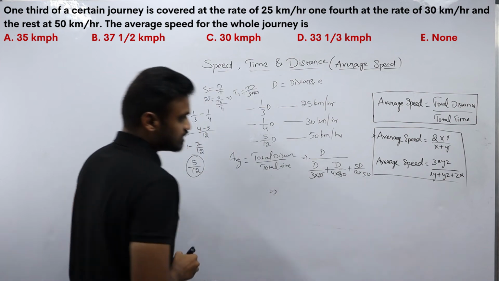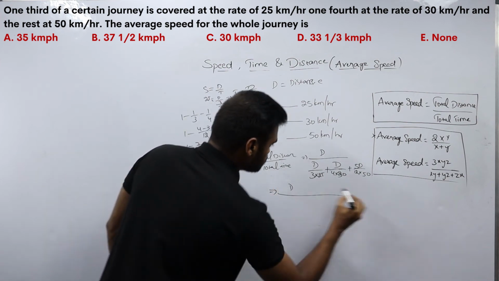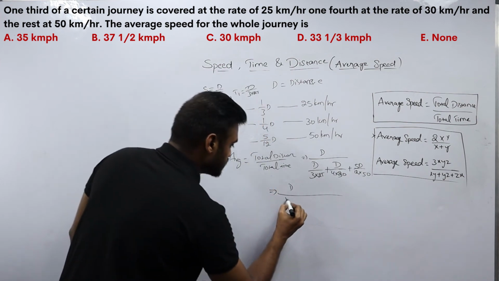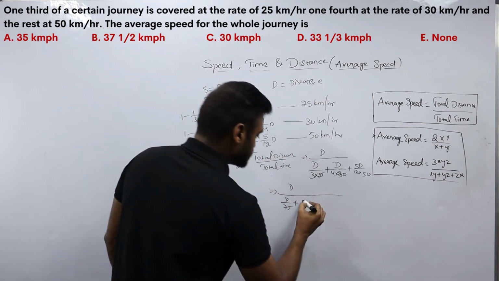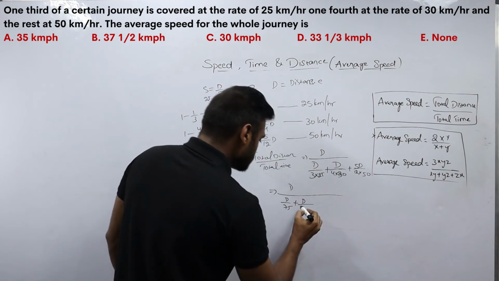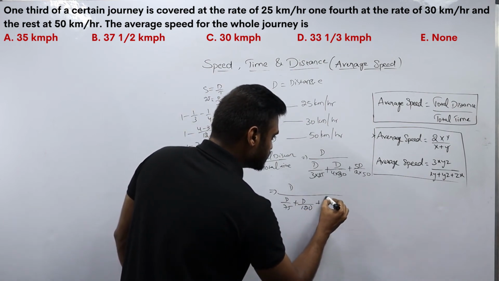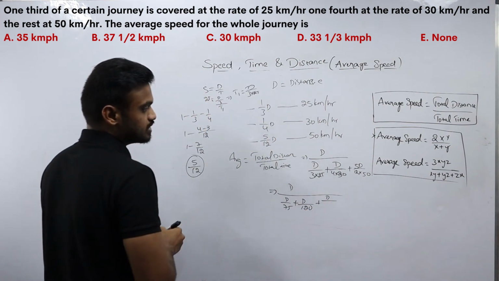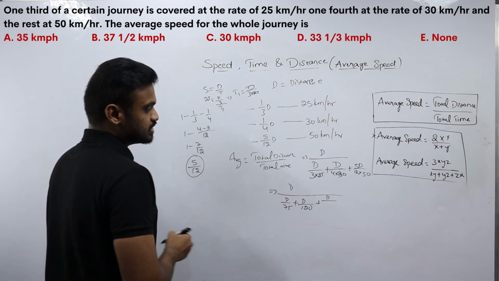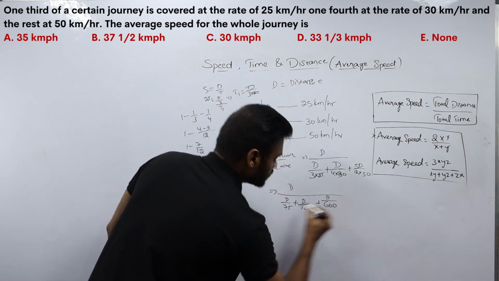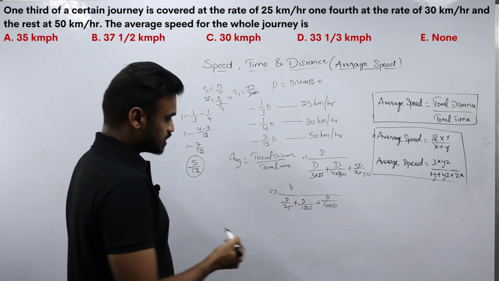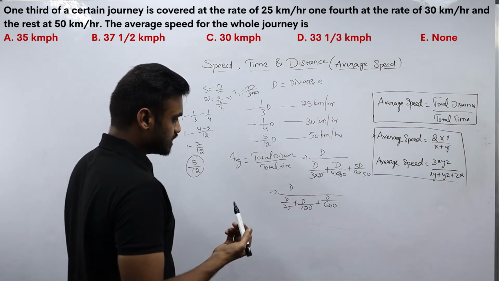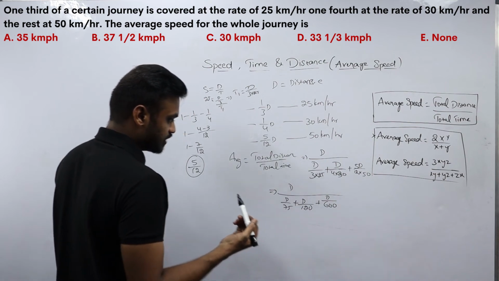So we get d by 3 into 25, that is d by 75, plus d by 4 into 30, that is d by 120, plus 5d by 12 into 50, that is 5d by 600. The LCM will be 600 because 120 can divide 600 and also 75 can divide 600.